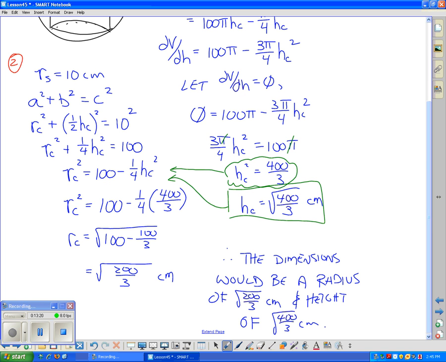All right, there you go. That finds you the largest possible cylinder, volume-wise, that you can put in a 10 centimeter radius sphere. Always wanted to know that, I'm sure.